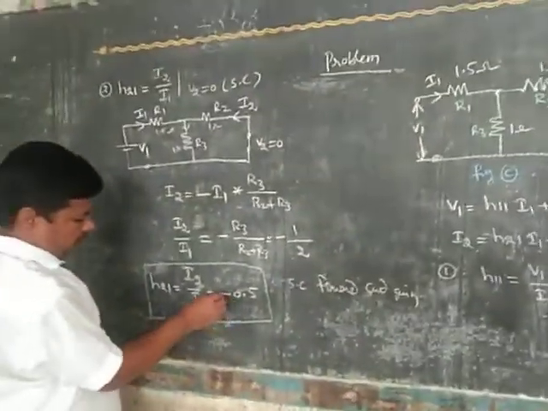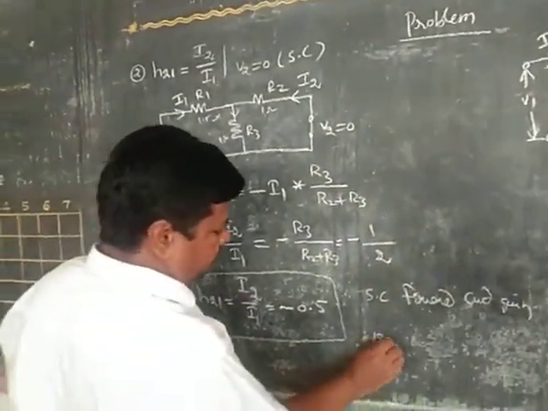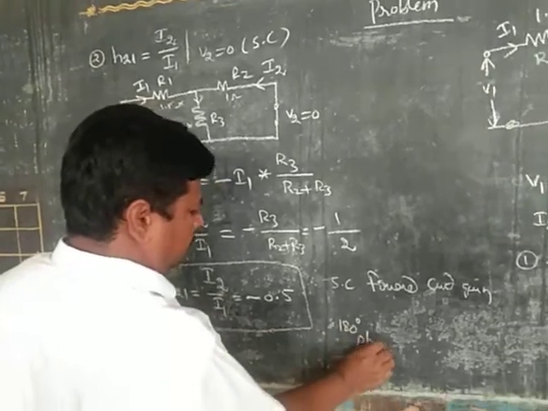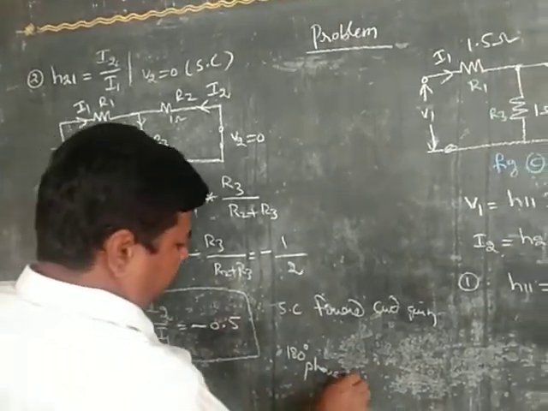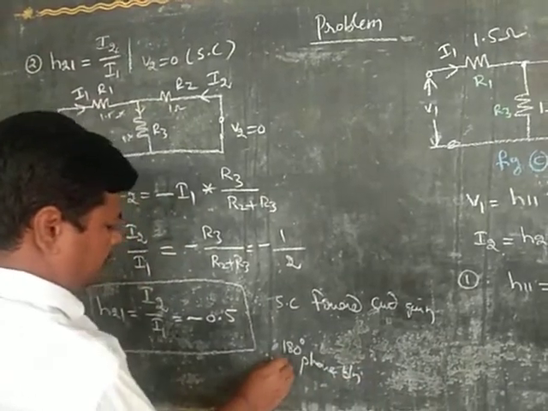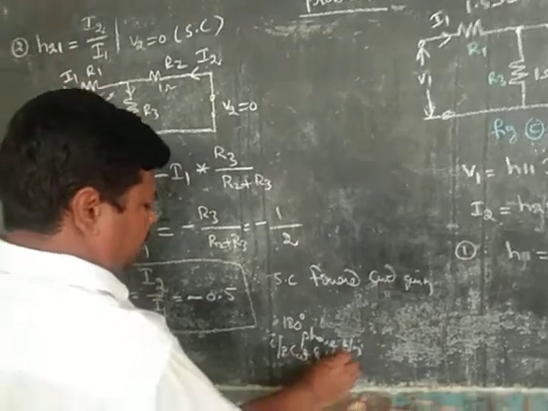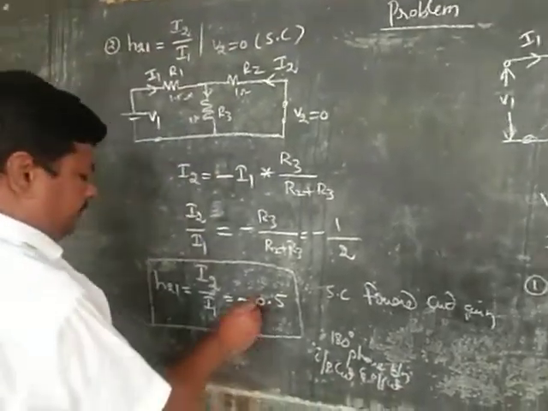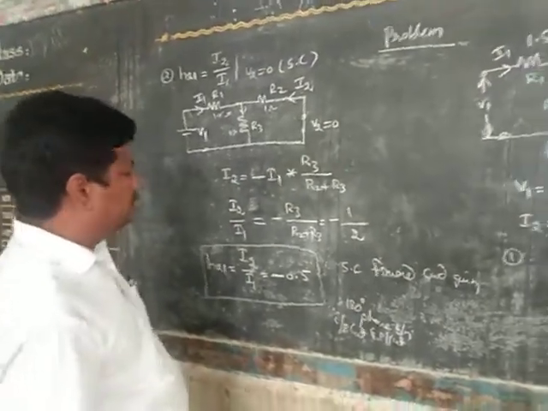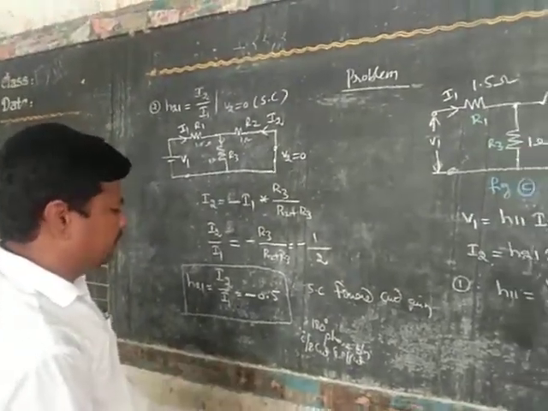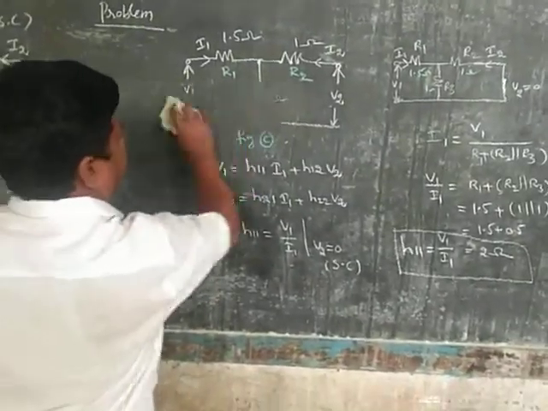Here negative symbol indicates that there is a 180 degree phase shift between input current and output current. Okay, this is the phase shift between input current and output current. That is the second parameter. And coming to the third parameter.